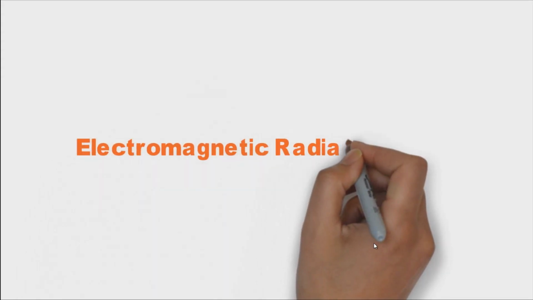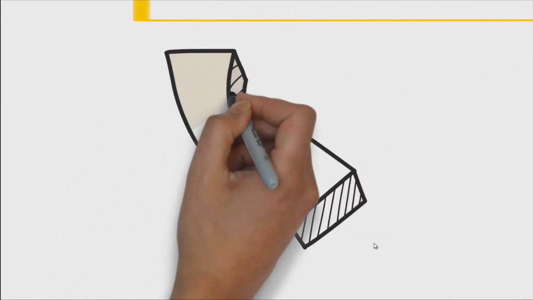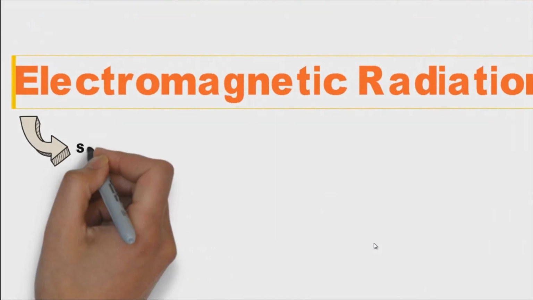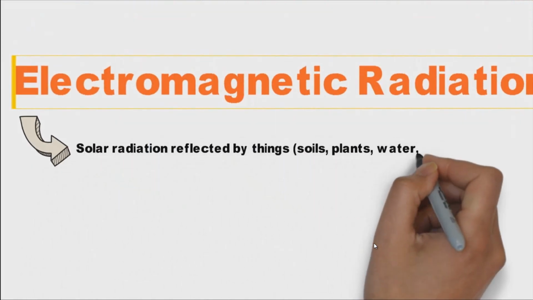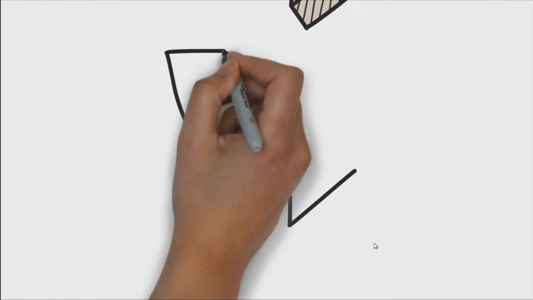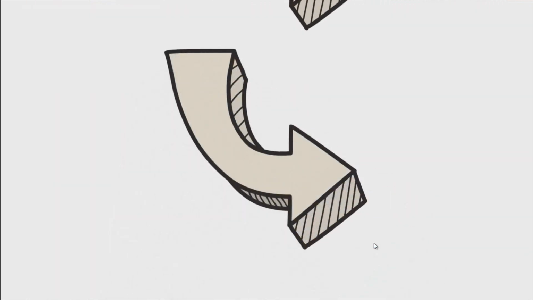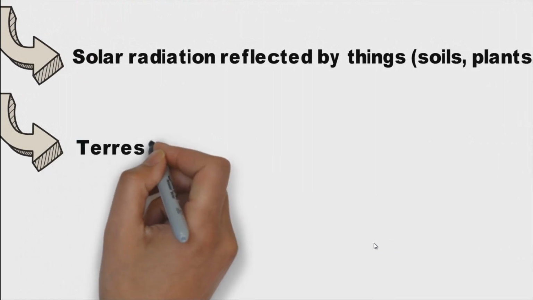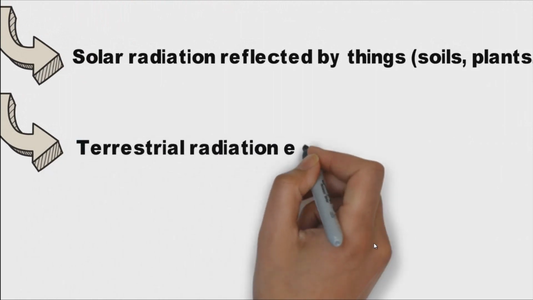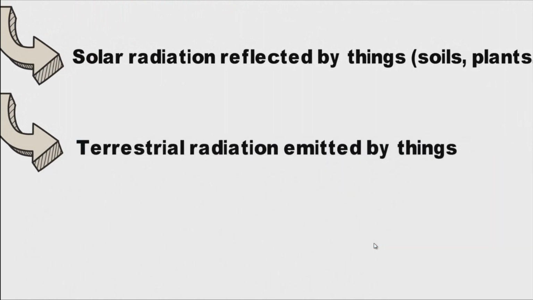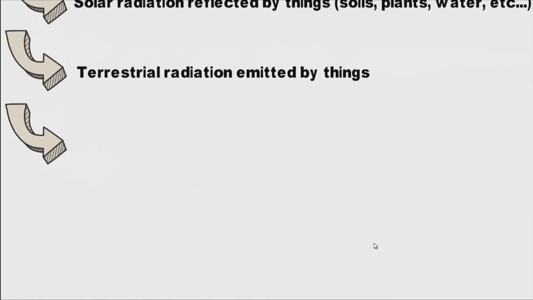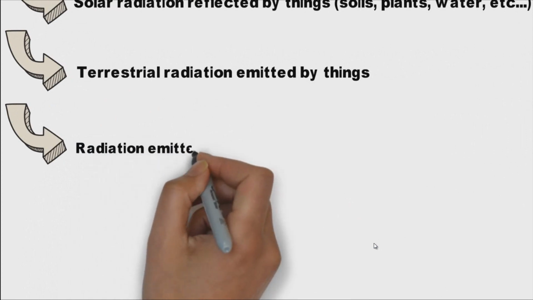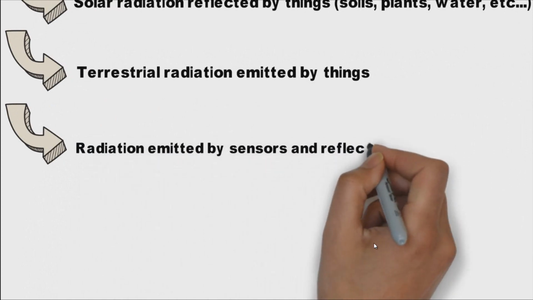Electromagnetic radiation can come, for example, from solar radiation reflected by things like soil, plants, water, etc. Also it can come from terrestrial radiation emitted by the things, and also it can come from the radiation emitted by the sensors and reflected by the things.